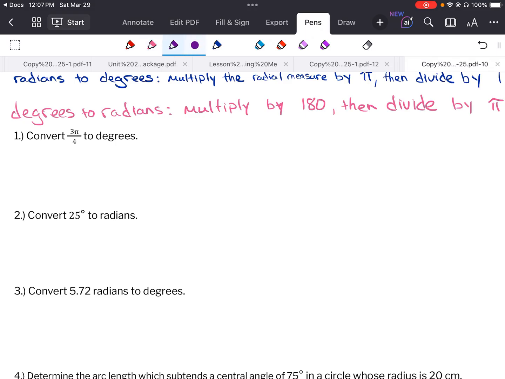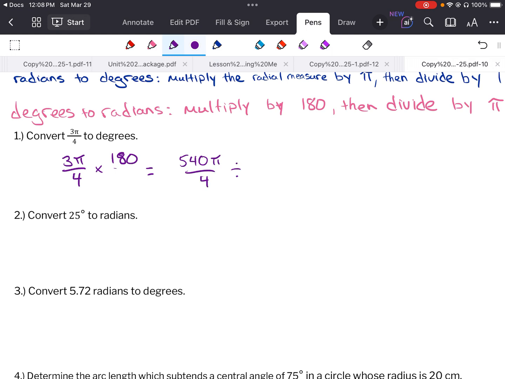Okay, convert 3 pi over 4 to degrees. So we have 3 pi over 4. We're going from radians to degrees, so we will multiply by 180, which gives us 540 pi over 4.